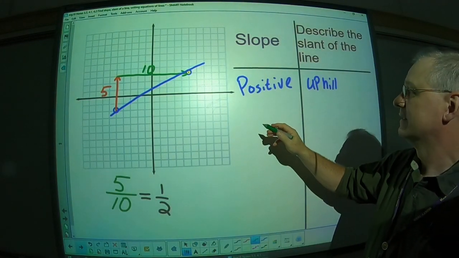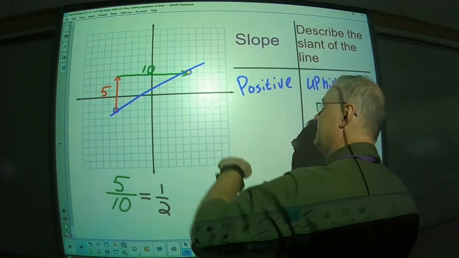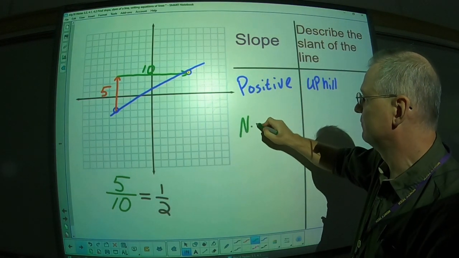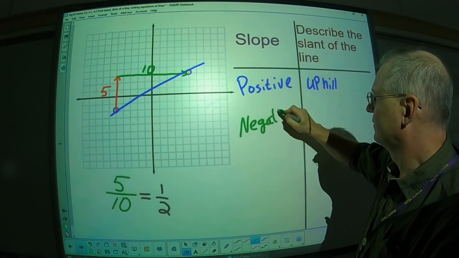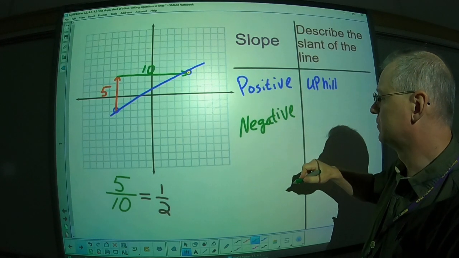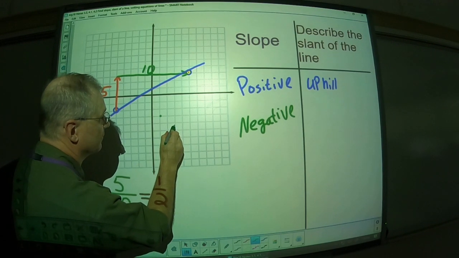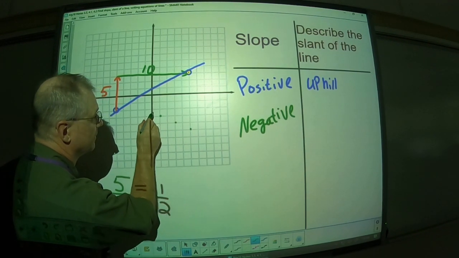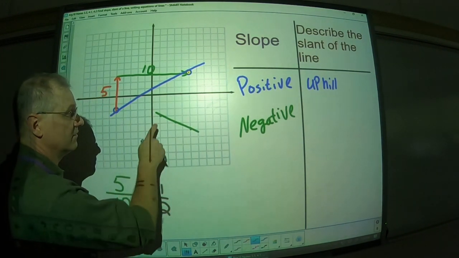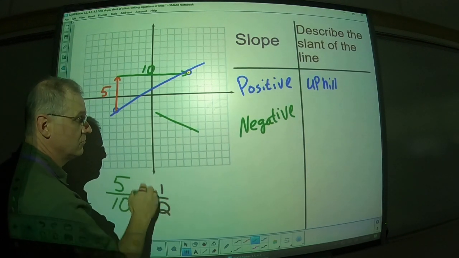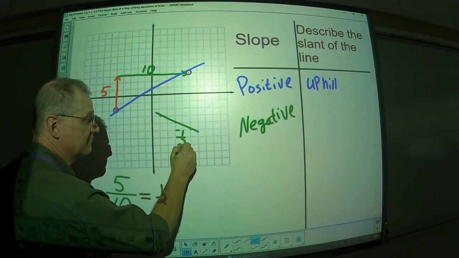Now, if we're going downhill from left to right, that would be a negative slope. So if I had one that went here, and then here, and then here, that would be a downhill, down 1, right 2. That would be a -1/2 slope.